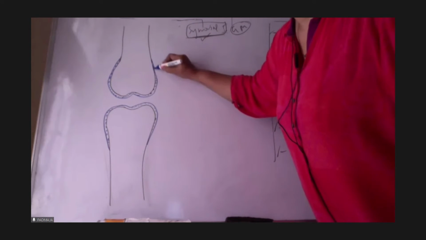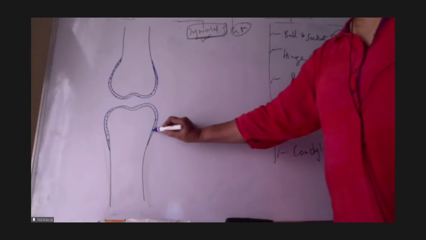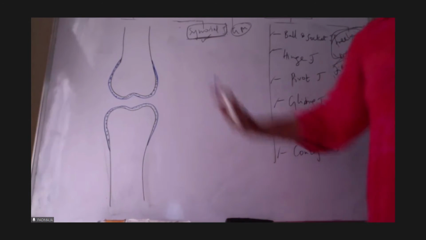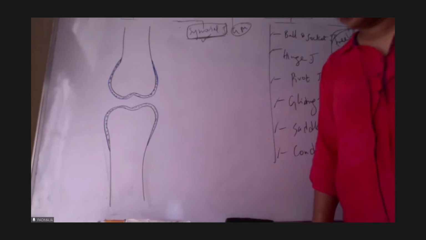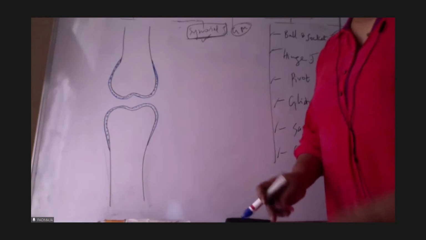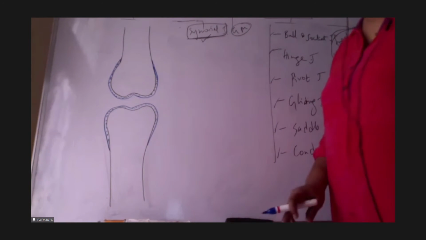Because you already studied in junior inter, cartilage is without blood supply, avascular, but it receives oxygen and food through diffusion. And blood supply is up to the perichondrium.